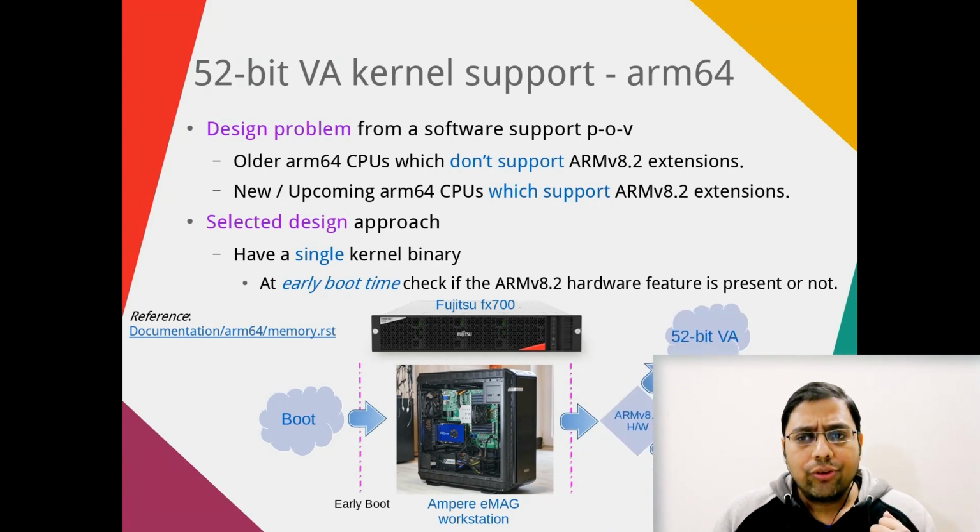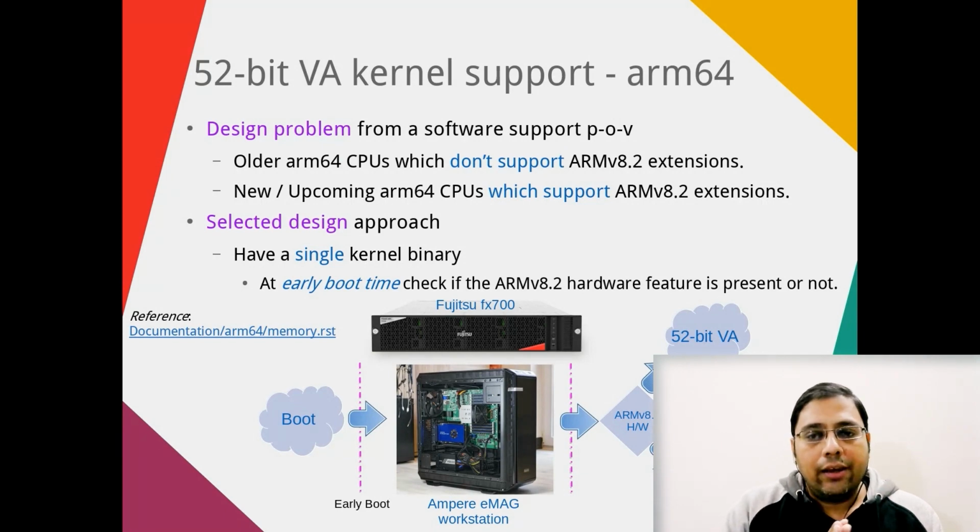As the figure demonstrates, the decision about which addressing range to support is made at early boot time, and accordingly, either the 48-bit or the 52-bit addressing range is used. Again, you can refer to the ARM64 memory documentation page in the Linux kernel documentation for further details on how this kind of decision is made at the early boot stage.